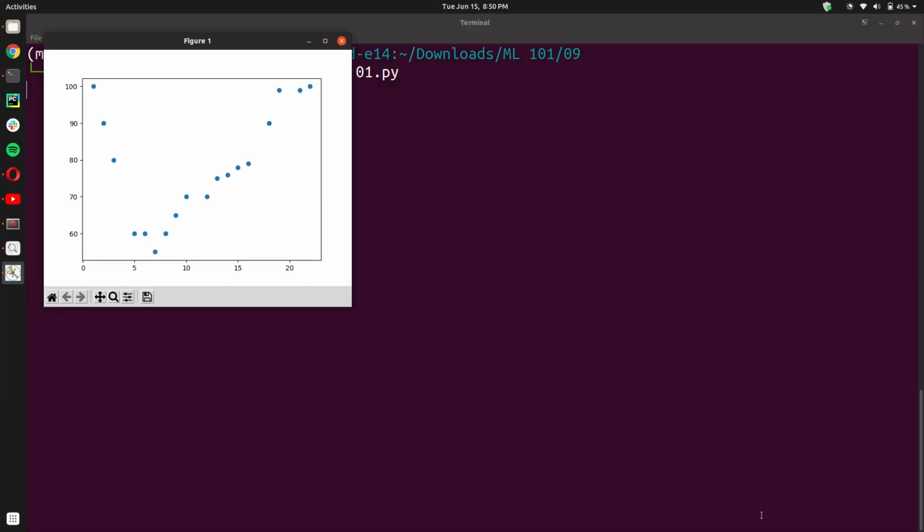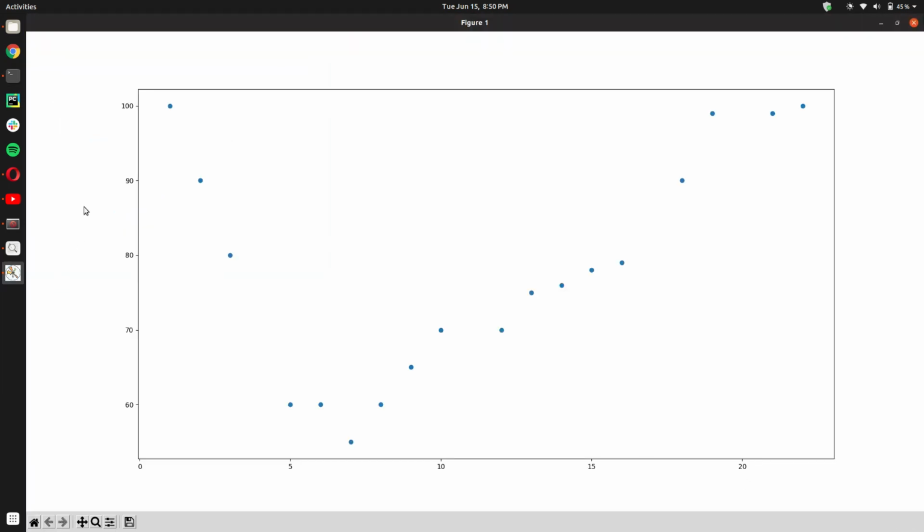As you can see in this graph, a straight line won't fit all these points. There's no way.